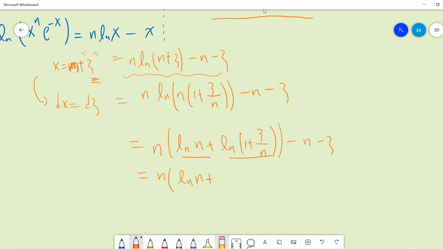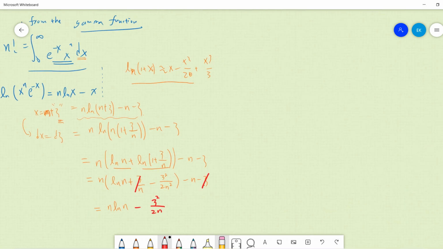The second term is eta divided by n, minus eta squared over 2n squared, minus n minus eta. So the first term is this, the second term is eta, so these two terms cancel, and we have minus eta squared divided by 2n.